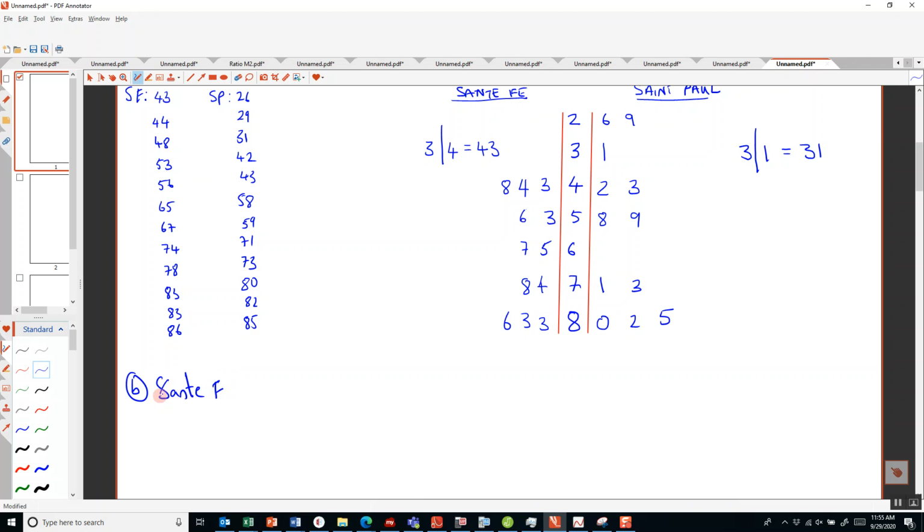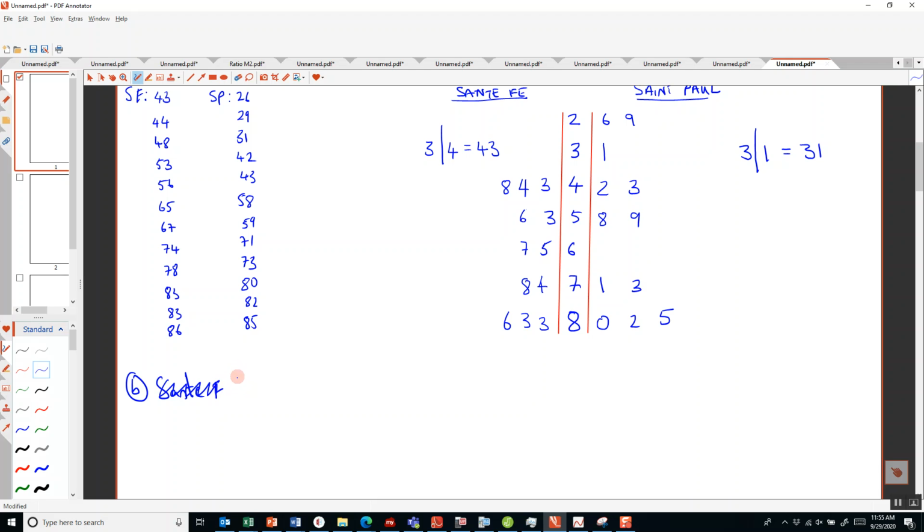Is there a modal value for any of them? Is there a mode for Santa Fe or for St. Paul? Is that the middle one? No, that's not the middle. It's the most often. Is the mode 83?